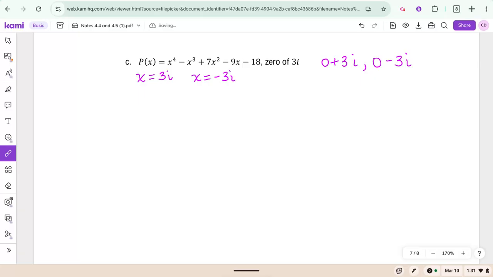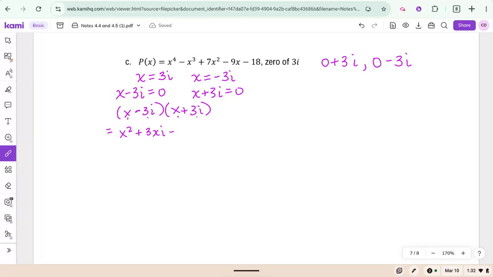Okay, I am going to start by multiplying. Well, first I'll subtract 3i so that I can set this equal to 0. I will multiply these together. And let's see what happens here. So let's see, x times x is x squared. x times 3i is 3xi.